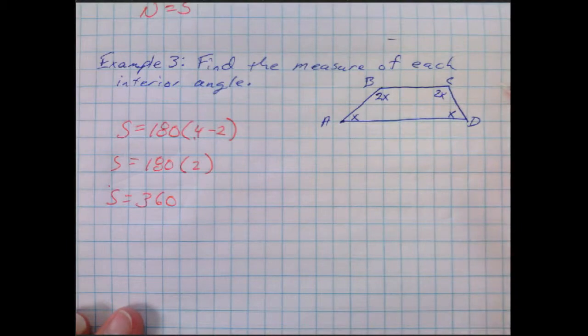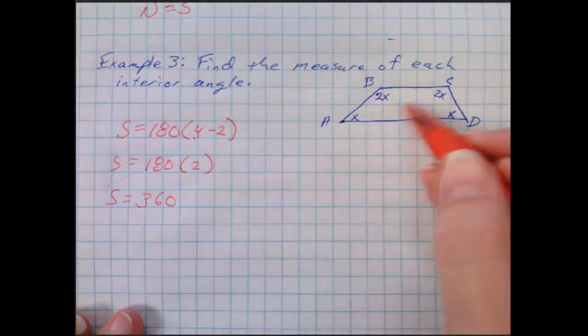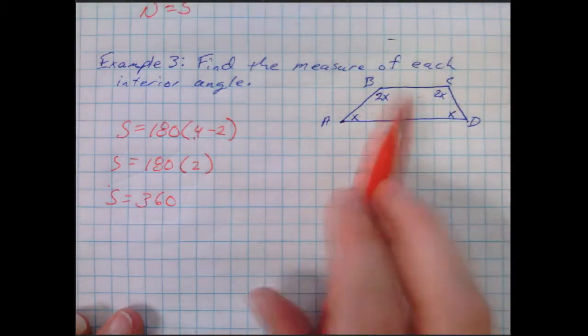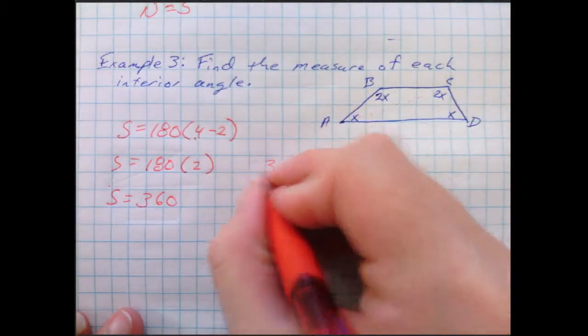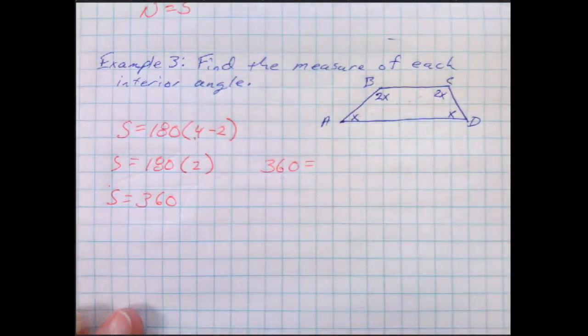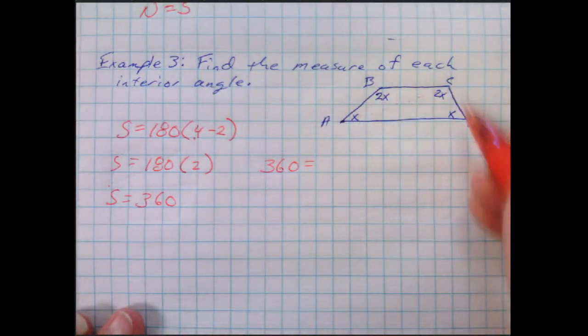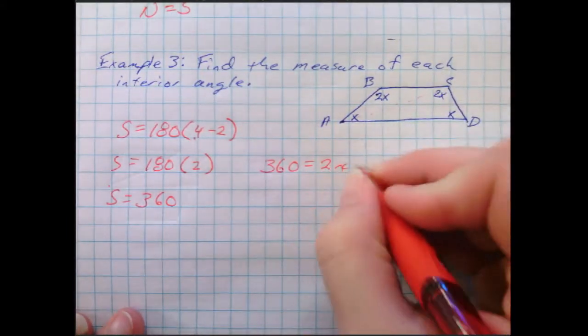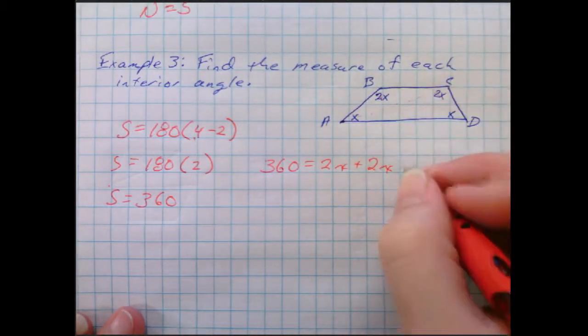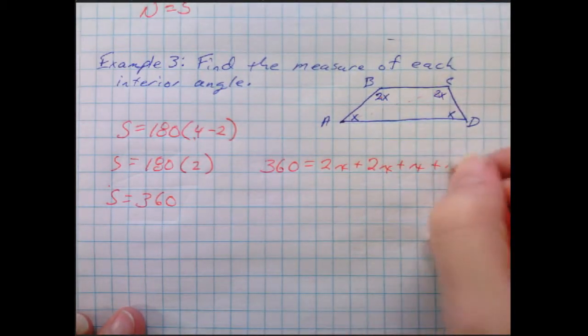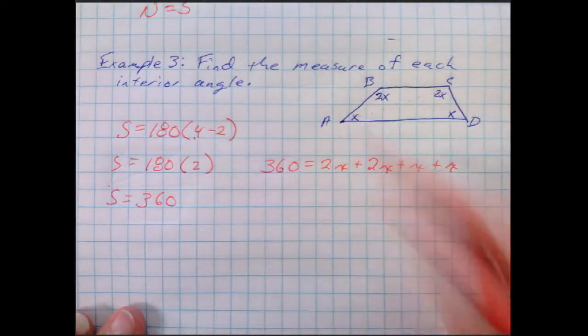And again, we could have done that with triangles as well. I could have cut this and made 2 triangles. Okay, so we have 360 equals, and we're just going to add up all of these angles. 2x plus 2x, here's b, here's c, plus x, which is d and a.